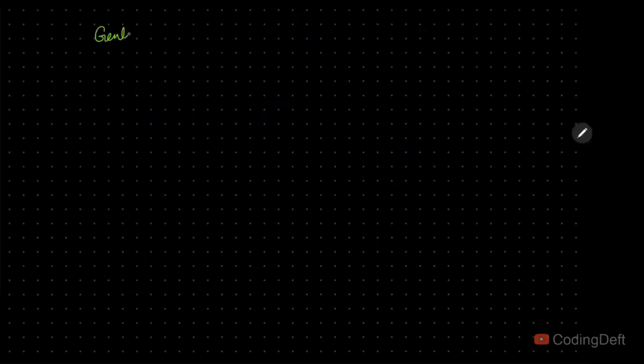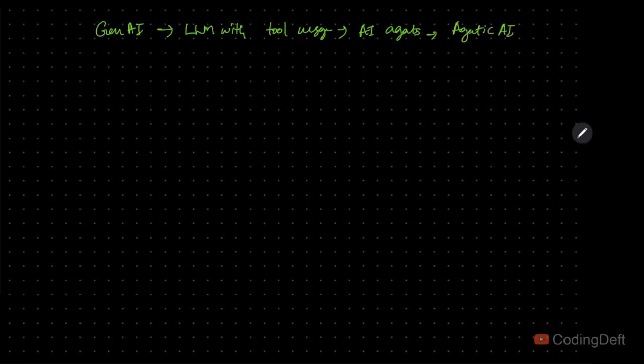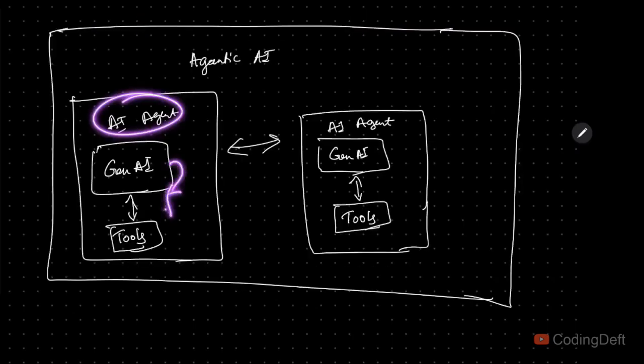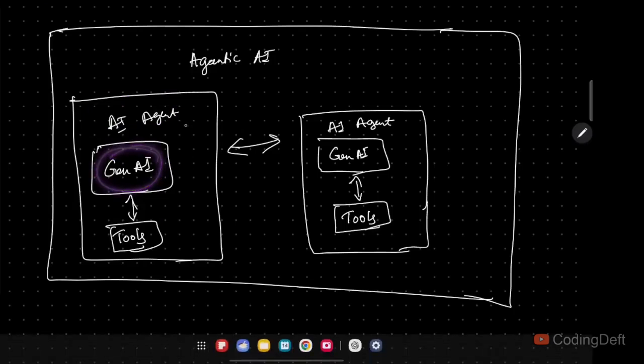To summarize, this is how it evolved. First it was Gen AI, then LLM with tool usage, then came AI agents, then using AI agents, we have agentic AI. We might have something else tomorrow, we don't know. This is how it looks. We will have Gen AI on the inside.